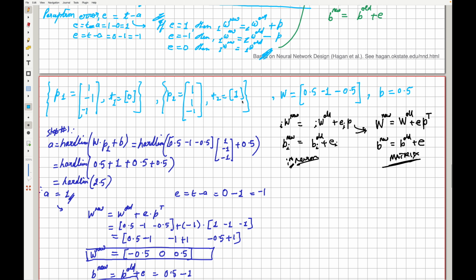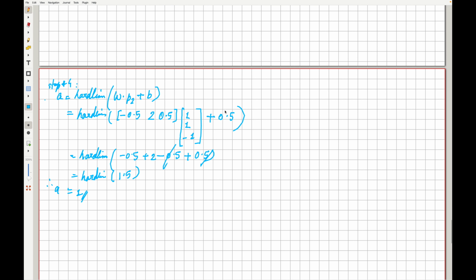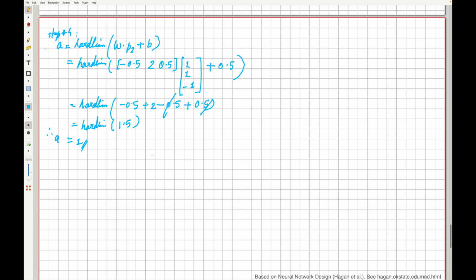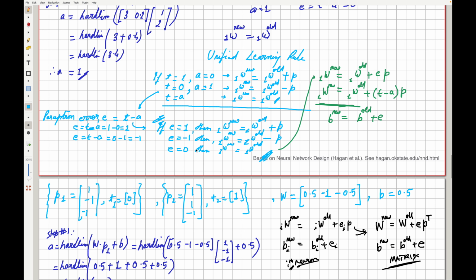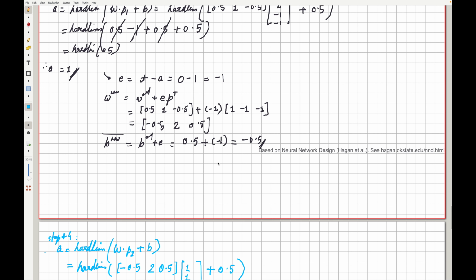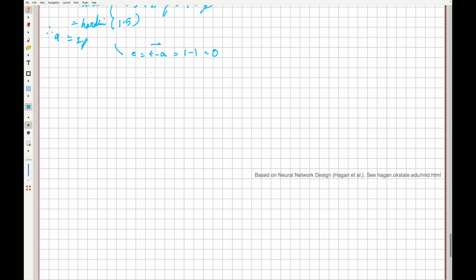So P2's target class is 1. We reached the target class. In this case, the error is equal to t minus a, which is 1 minus 1, equal to 0. So there is no error, and if you remember what we said earlier, if there is no error, then the new w is simply equal to the old w.